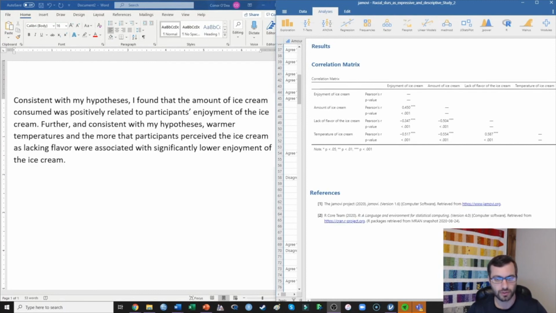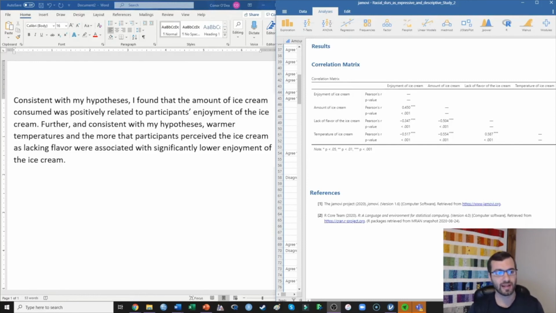So now if I want to report these findings, and again, we would already have a correlation table made in our manuscript or in our results section, which by the way, again, I'm going to link to how to make those tables below.